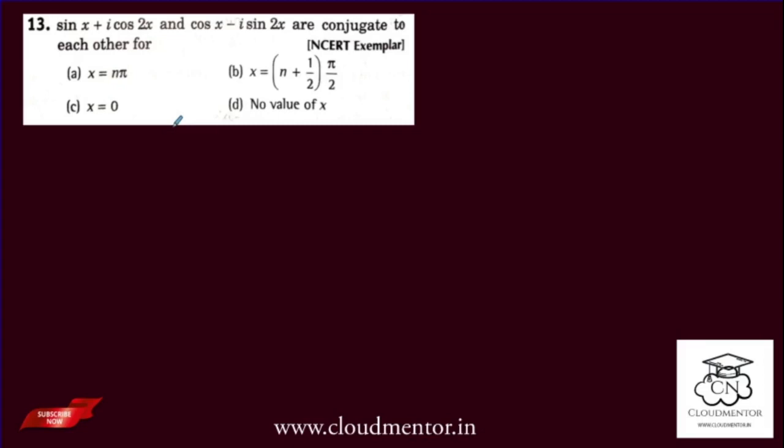So let z equal to sin x plus i cos 2x. According to the given conditions, cos x minus i sin 2x is the conjugate, right?